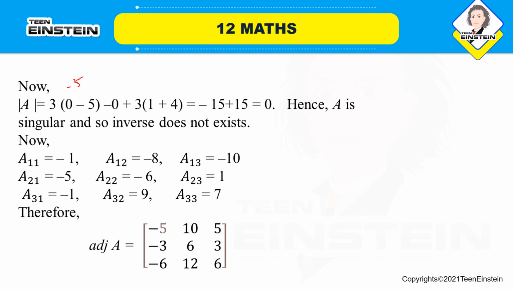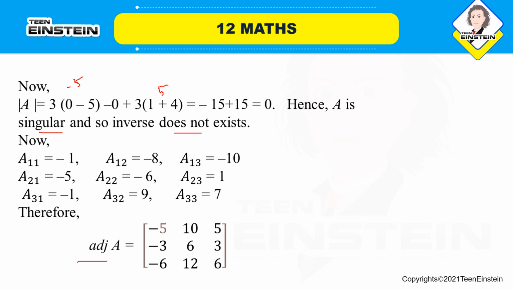This is 0. 1 plus 4 is 5, 3 into 5 is 15. Minus 15 plus 15 is 0. Therefore, A is a singular matrix. Singular matrix means inverse does not exist. If determinant A is 0, then A inverse will not exist. Next, find adjoint A.